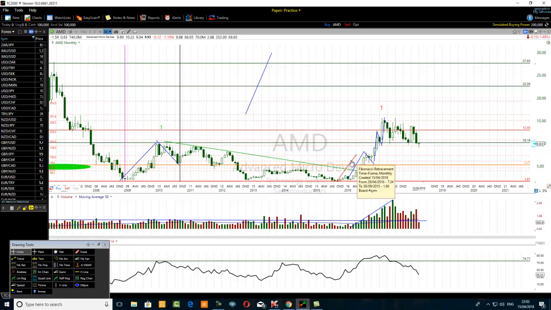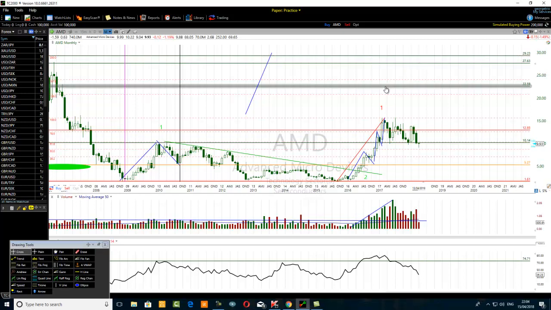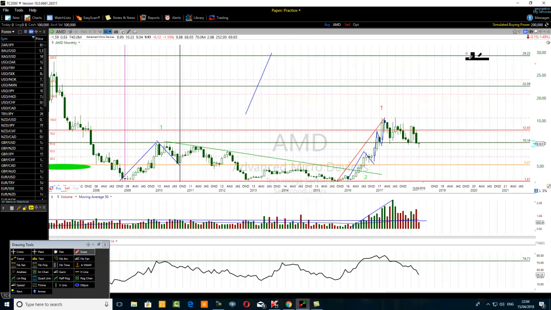We will be forecasting, with a question mark on it, that if this is just the first wave, the third wave will be ending somewhere here at the 200% Fibonacci extension level in the zone of $29. It's an extended third wave because it goes above the 161.8% Fibonacci extension level of the first wave.